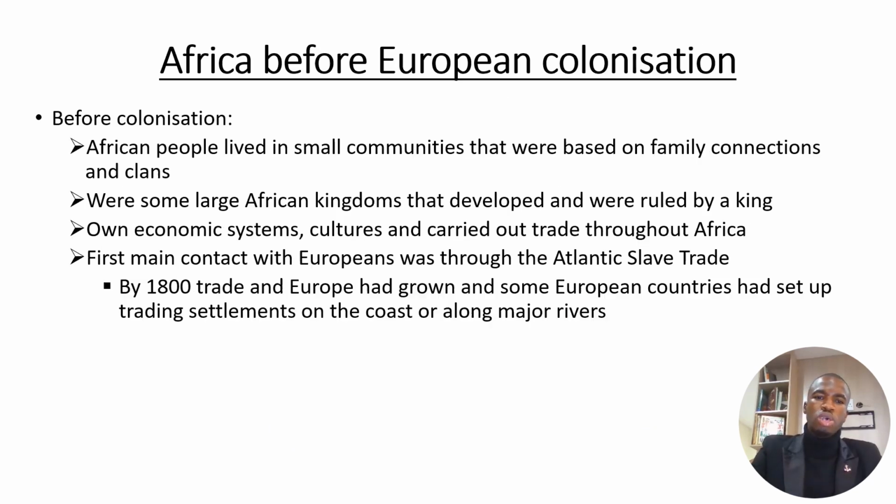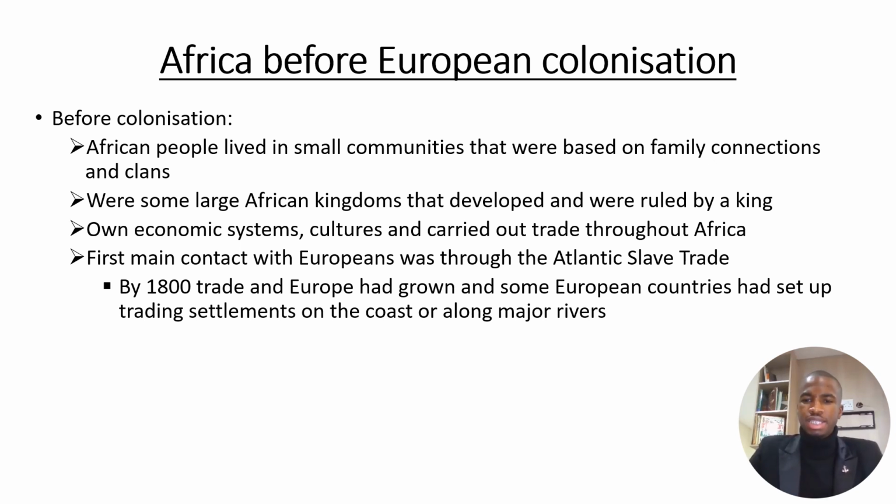Moving on, we are looking at Africa before European colonization, pre-colonization as we would call it. Before colonization took place, African people lived in small communities that were based on family connections and clans. There were also some large African kingdoms that were ruled by a king.